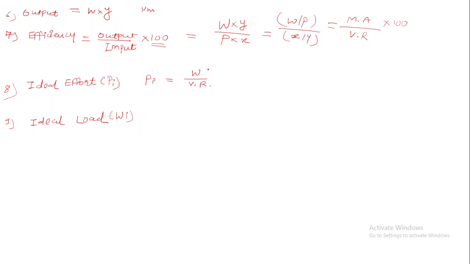Okay, so from above equation only we can write ideal load Wi is equal to P into velocity ratio. So the load which can be lifted by an effort P when there is no friction is called as ideal load Wi. Okay, so Wi is ideal load, P is our effort, and VR is our velocity ratio, right?